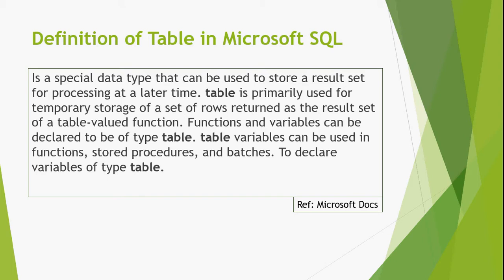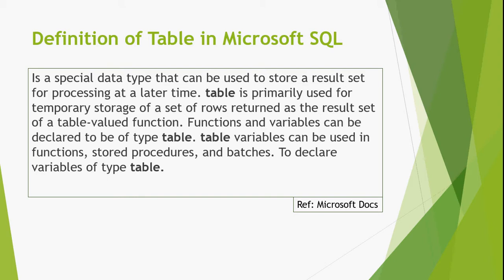So this is an object which is stored in the database. When we create a table, it creates an object inside of our database, and we can keep our data row by row in a tabular format.